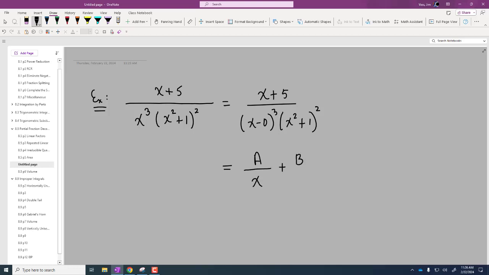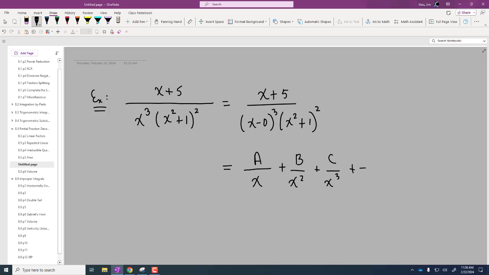So here is what your PFD should look like. We want to have a fraction for each power of each factor. So the x has a power of 3, that's a linear factor cubed, so we need to have a fraction for each power of x.